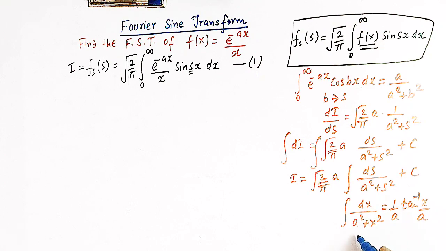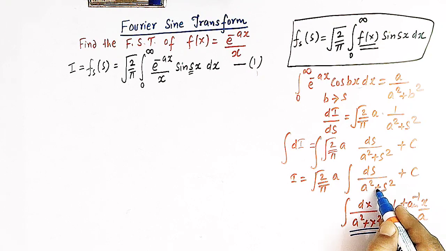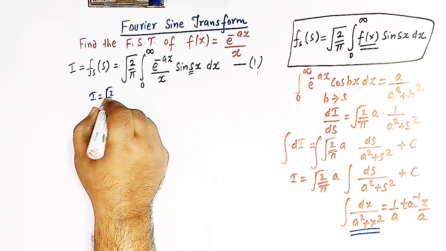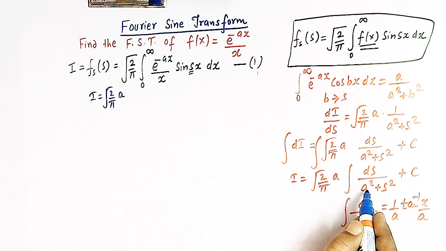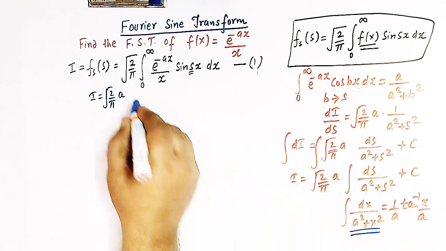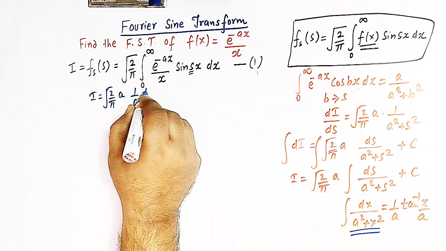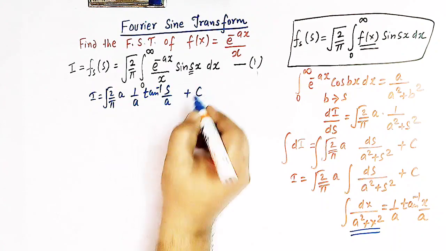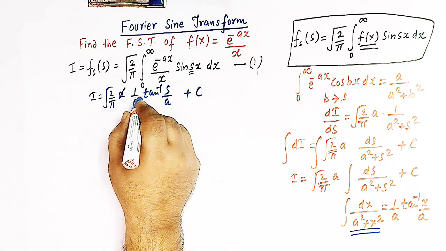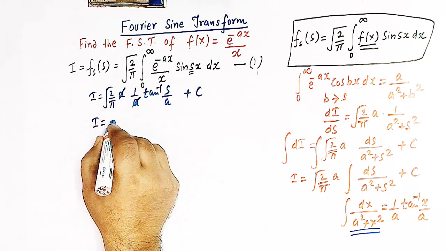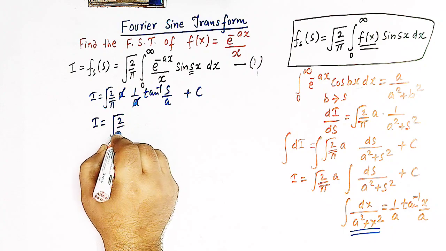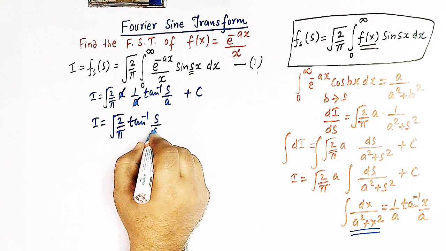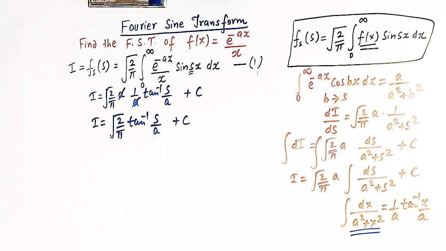So now utilizing this result, we have I is equal to square root of 2 over pi a, and the value of this integral is 1 over a tan inverse s over a plus c. Now this a and this a get cancelled, so we have I is equal to square root of 2 over pi tan inverse s over a plus c.